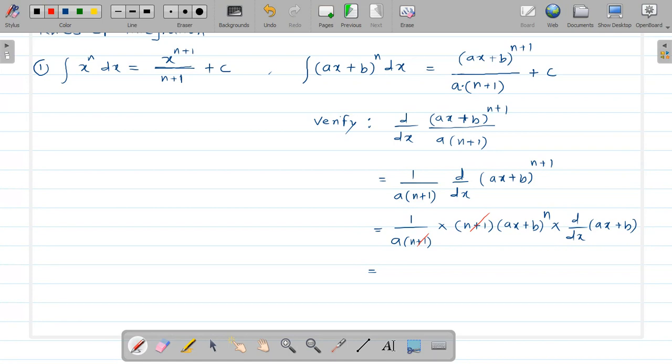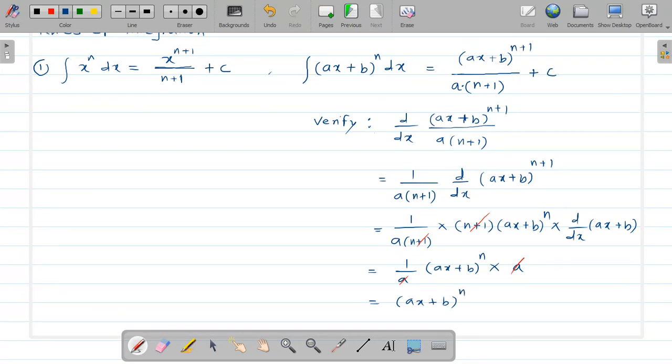Now if you see here, the derivative of ax plus b is a. So what will you write here? It is 1 upon a into ax plus b raised to n into the derivative of ax plus b, which is a. So here also a and a will get cancelled, and hence you will get the term ax plus b raised to n.